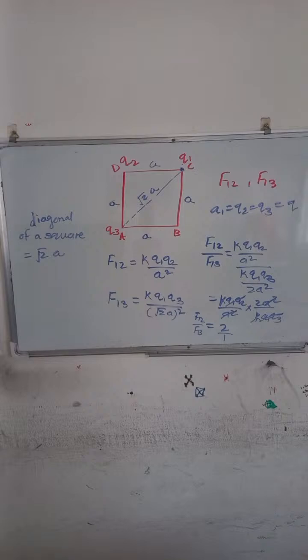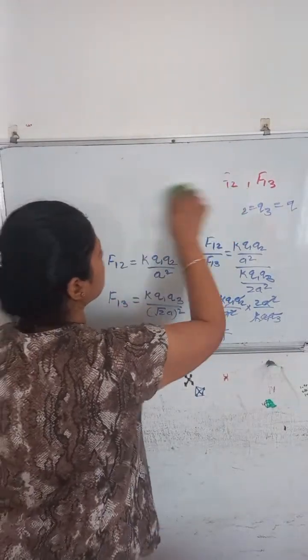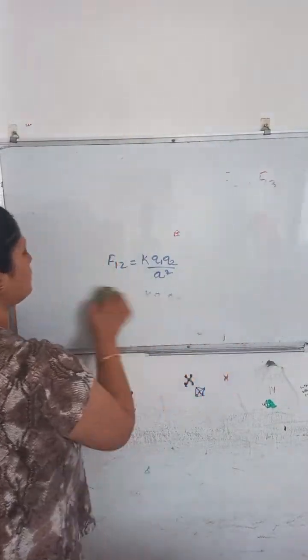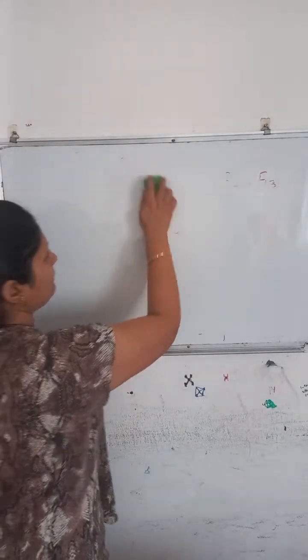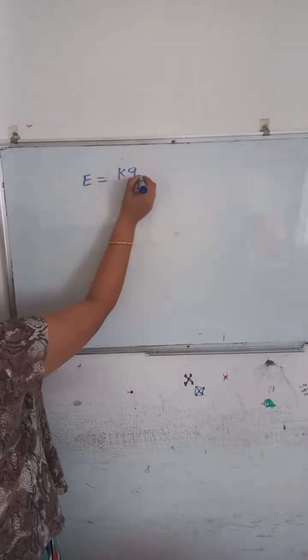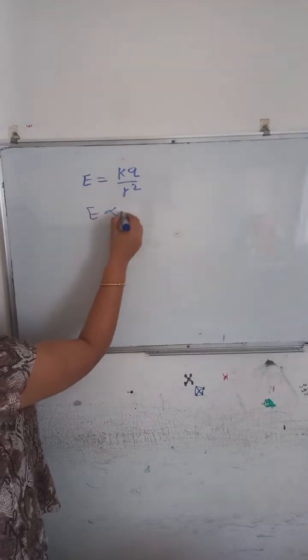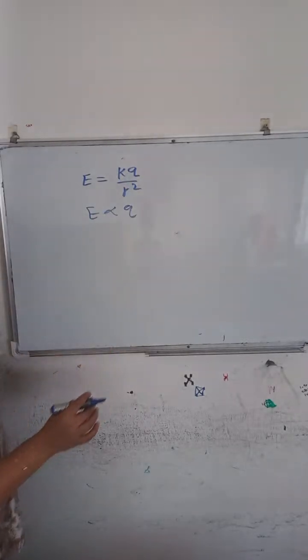Okay. So they are asking about electric field intensity if the charge is halved. Those who know the theory and the relation between electric field and charge can easily choose the option. Electric field intensity is kq by r square, and it is directly proportional to q.